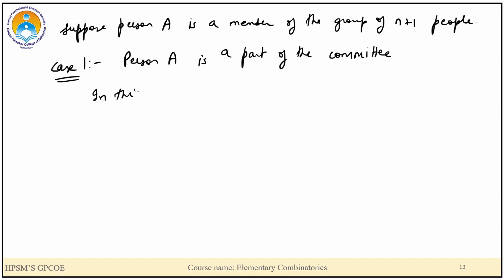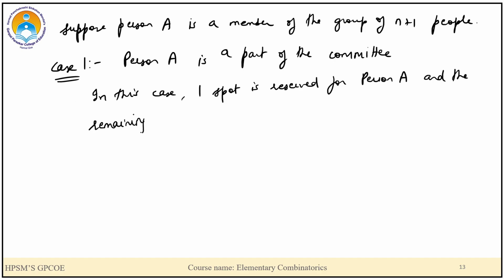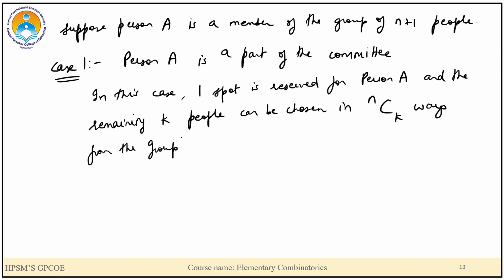In this case, one spot is reserved for person A and the remaining k people can be chosen in nCk ways from the group of the remaining n people.